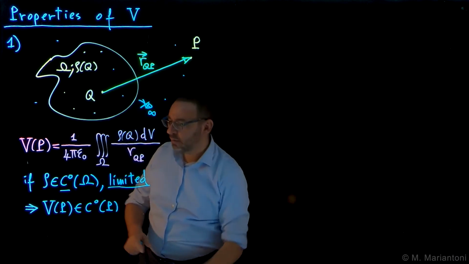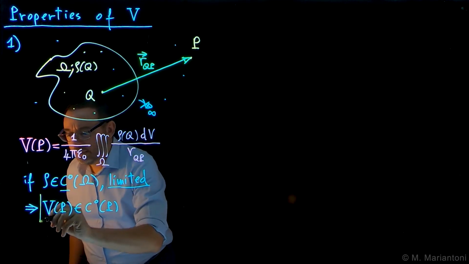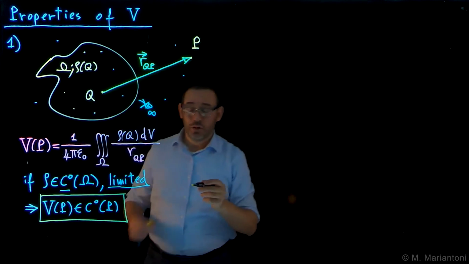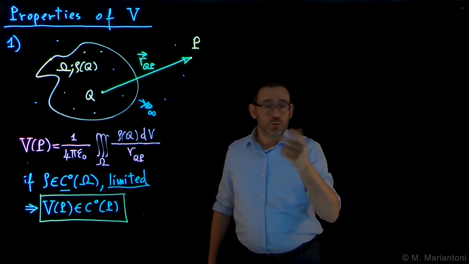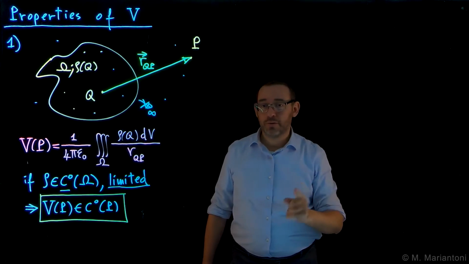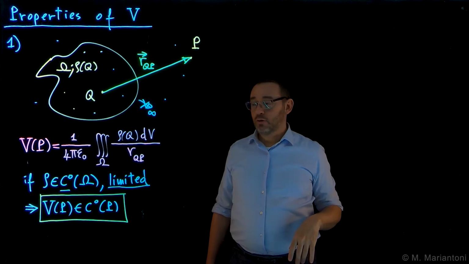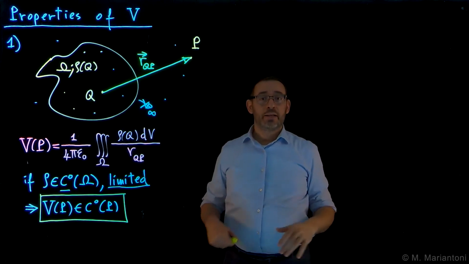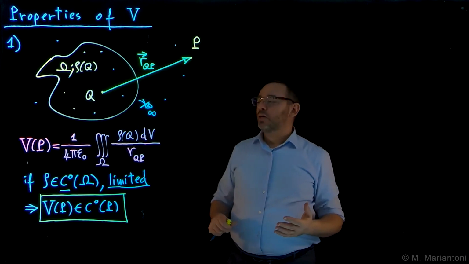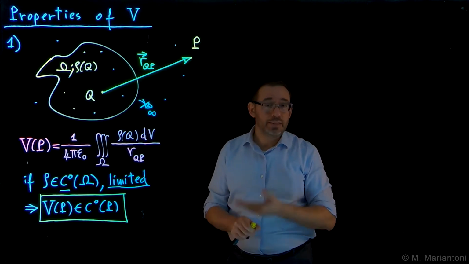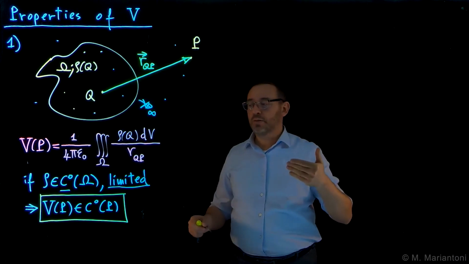So this is the first fundamental property: the electrostatic potential is always a continuous function, whereas you remember from case 2 of Maxwell's equations for the electrostatic field that the electrostatic field is not always a continuous function. For example, if I have a surface charge distribution with a surface density sigma, the electrostatic field is discontinuous across that surface.